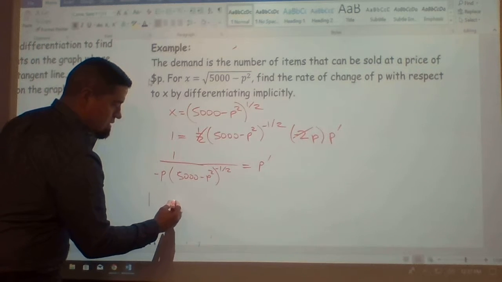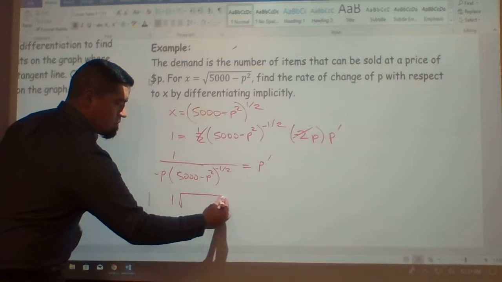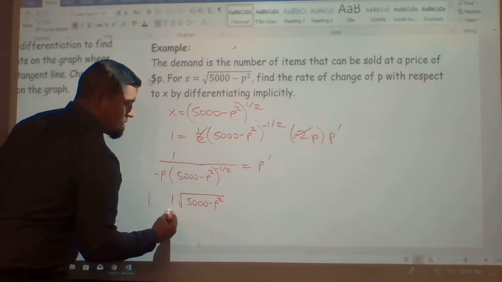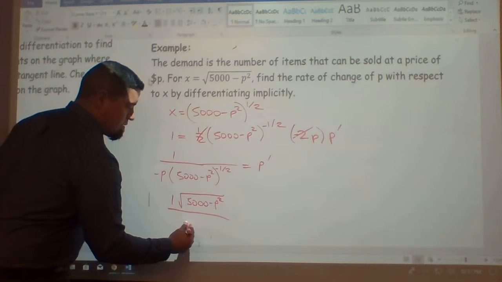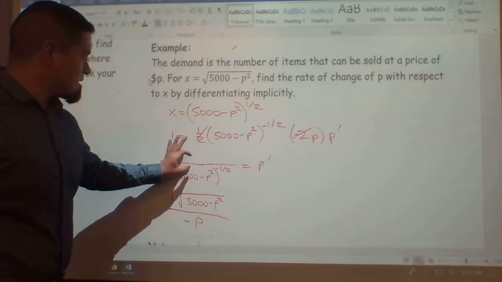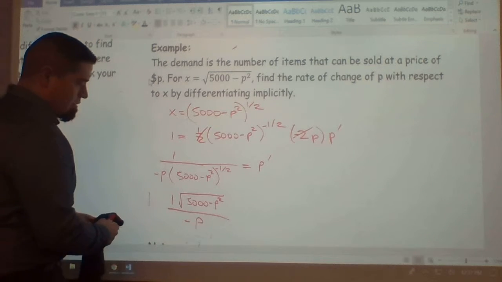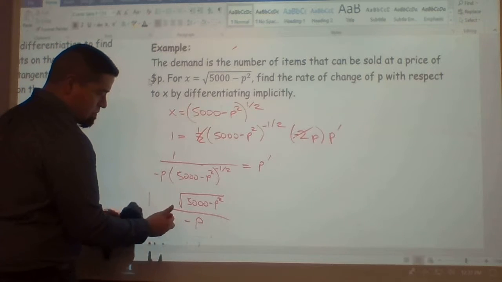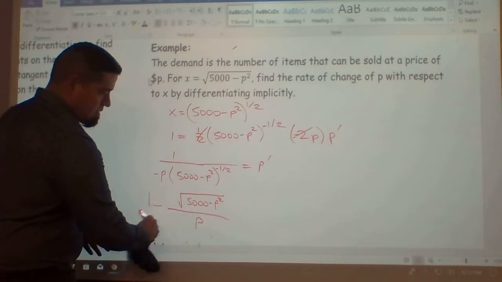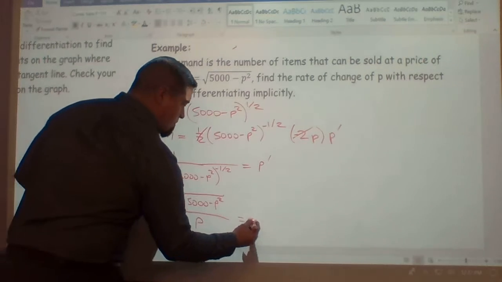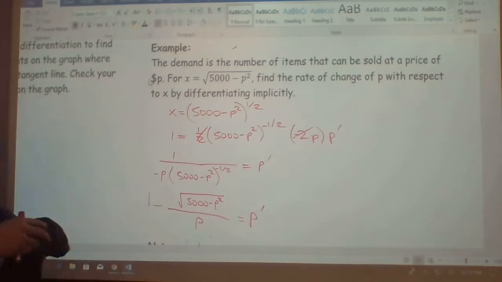So it's 1 times the square root of 5,000 minus p squared over what's left, negative p. I could just move that to the top. And a couple of things I can clean up. The negative I can just pull out here. That's the same thing, and that's usually how you'll see it. Equals p prime. And so we did it.